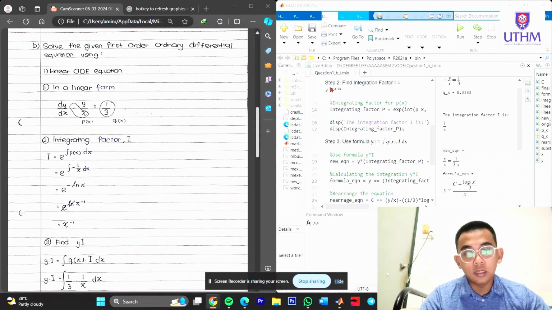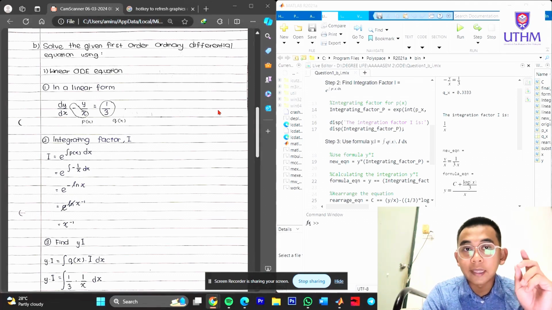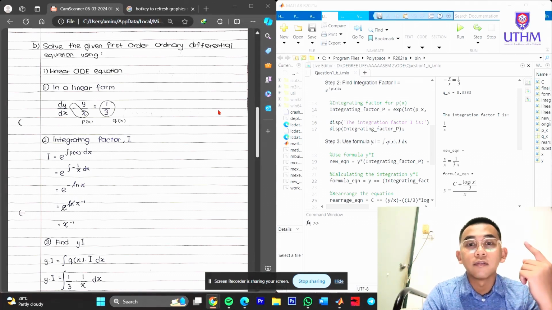So by knowing that, we can find the integrating factor, which is I equals exponent of the integration of px dx.